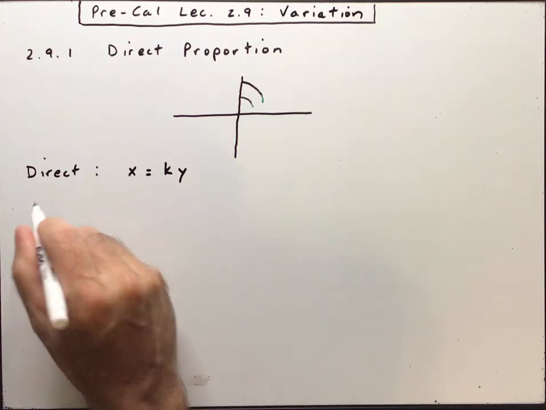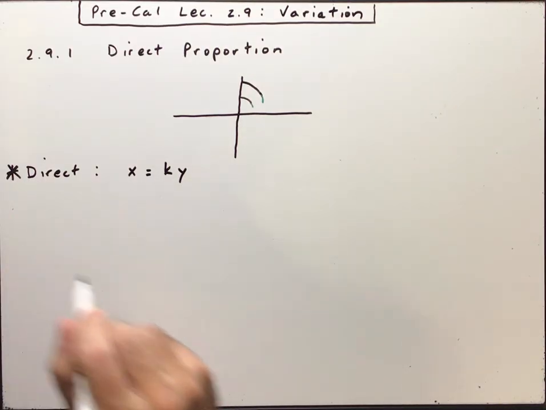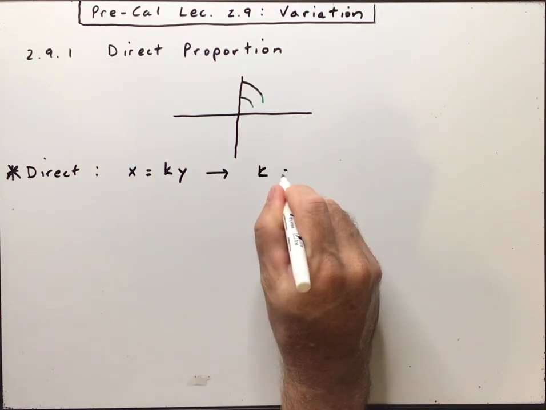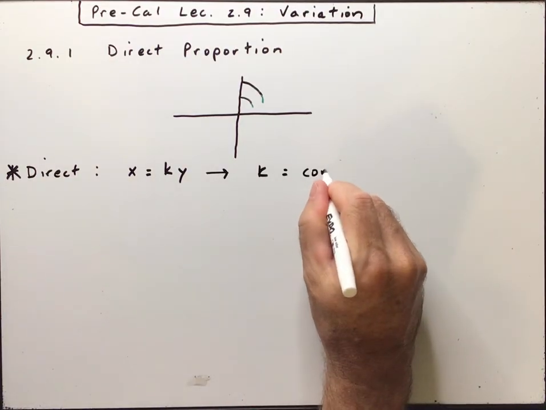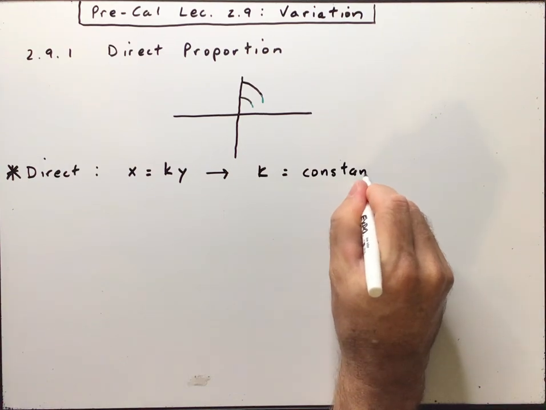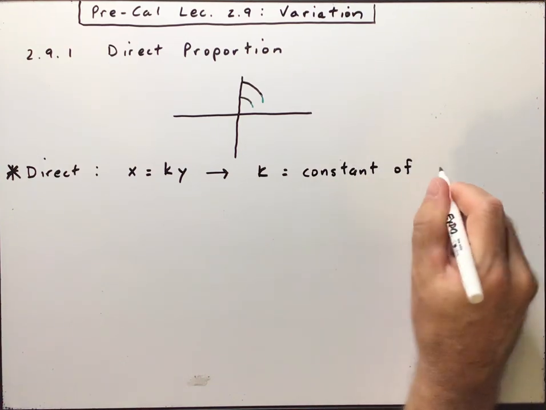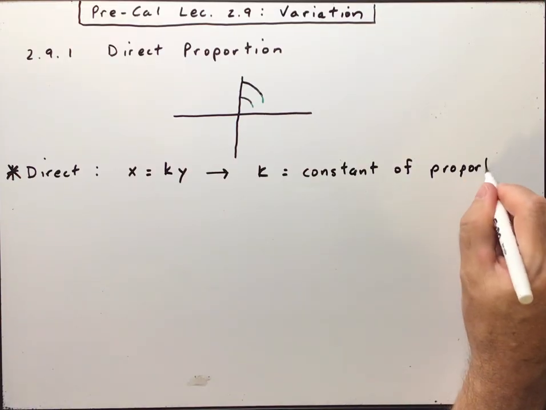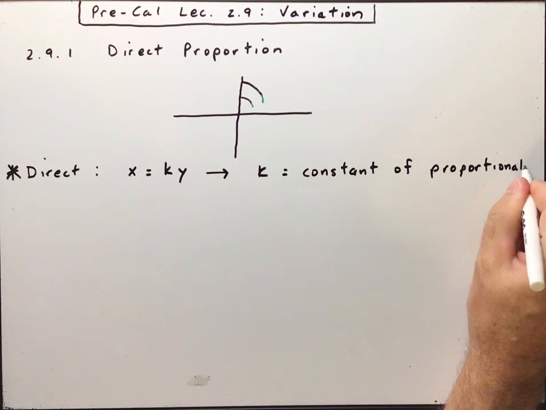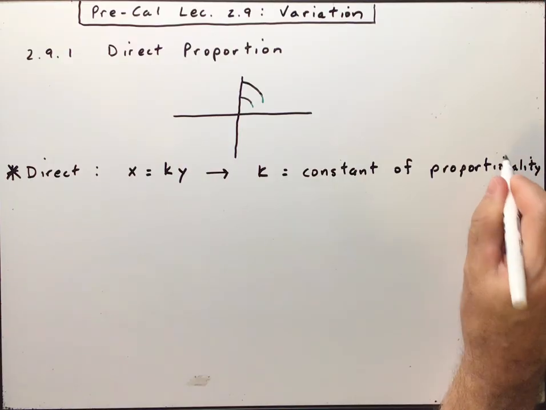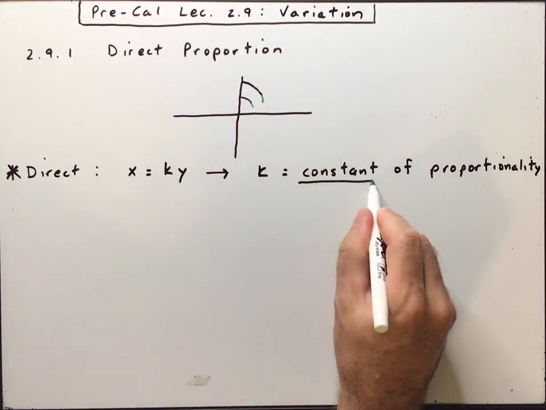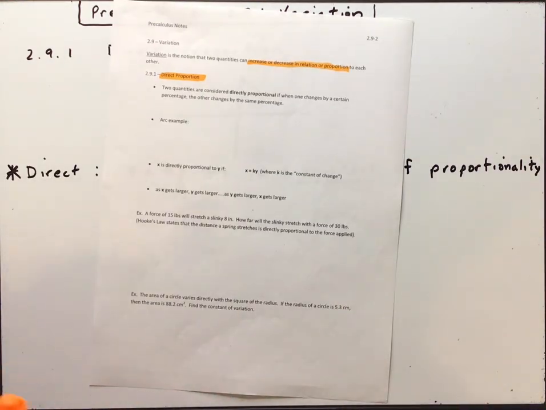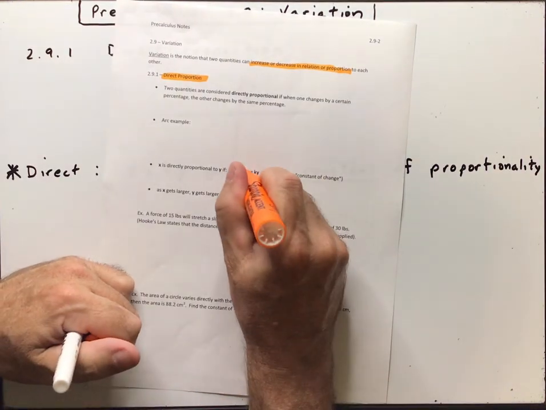All right, so we've got to memorize that, where k is equal to the constant of proportionality. So k is the same no matter what. That's why we call it a constant. All right, so you've got that formula down here.